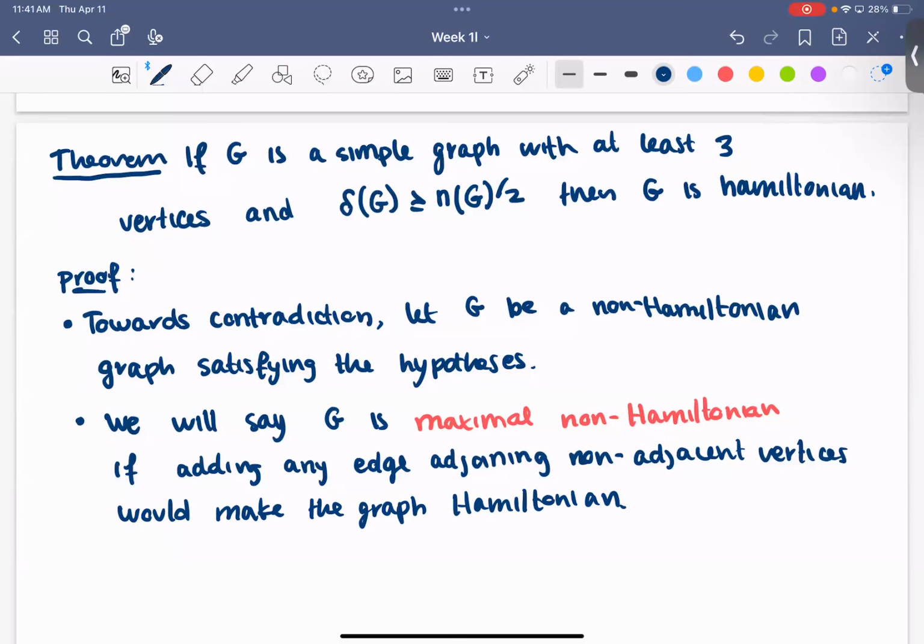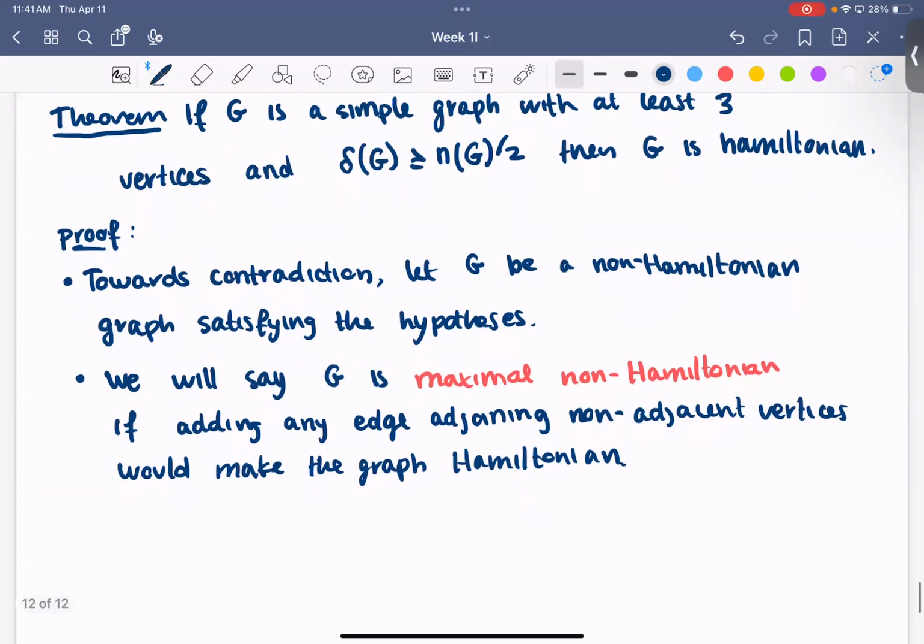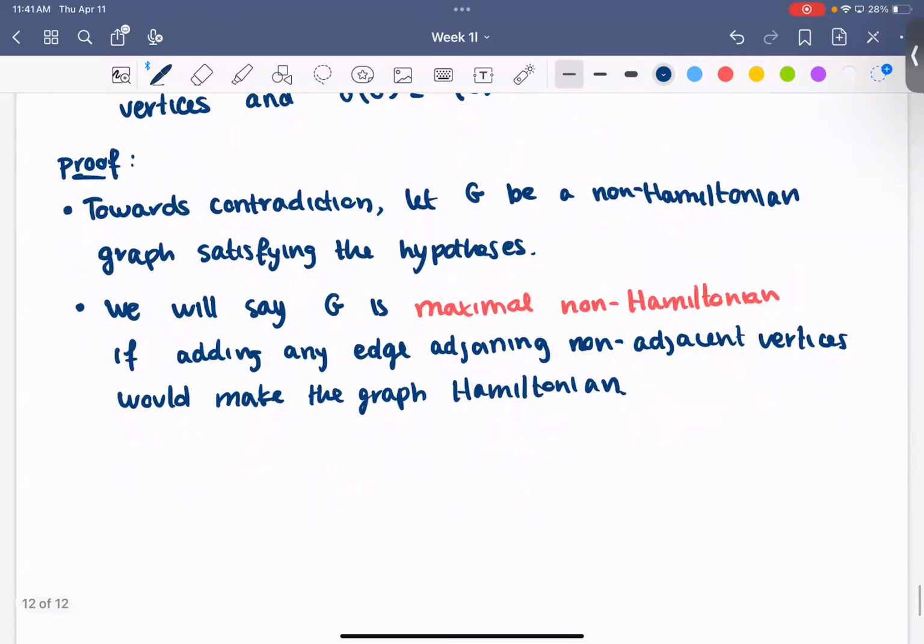So if in any way you add an edge to the graph, you would make the graph become Hamiltonian. Okay, so if the graph that we started with, this graph G which satisfies the hypotheses but is non-Hamiltonian, is not maximal, so this is basically the overall strategy.